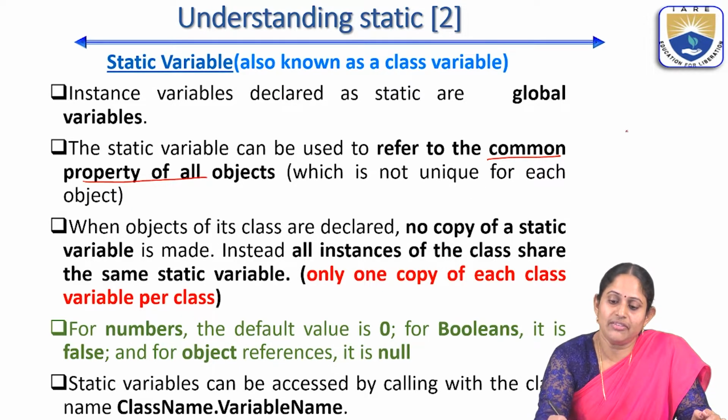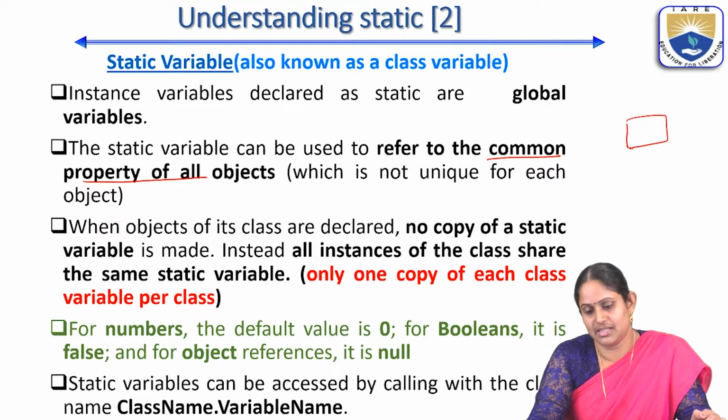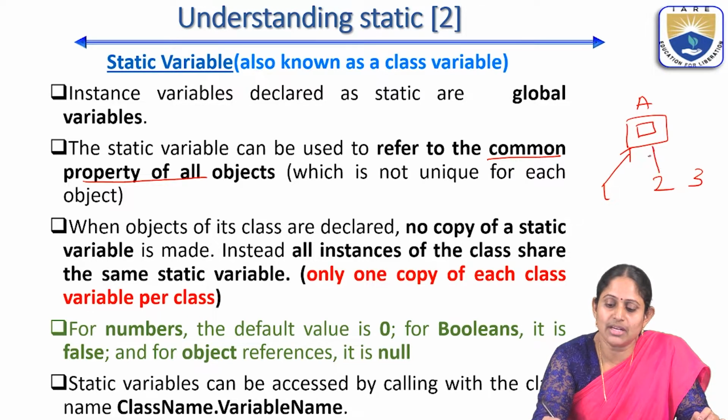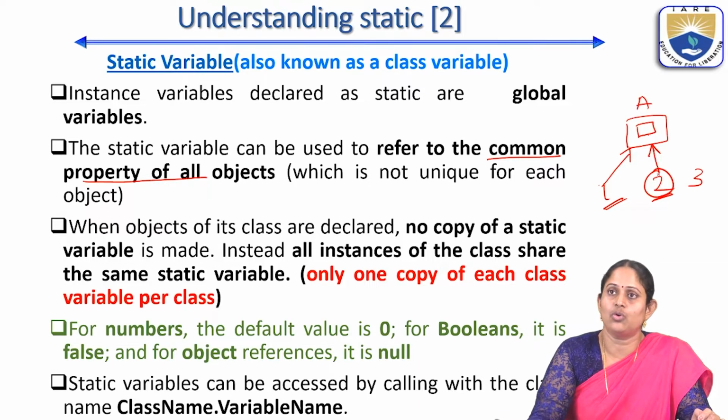So if we have one static variable A, and we have 3 objects accessing it, if the first writes some value into it and the second also writes some value into it, then the value of the first will be overridden and only the value of the second will be available.